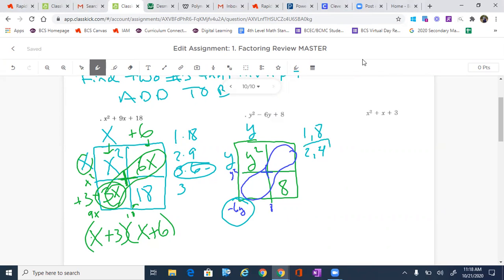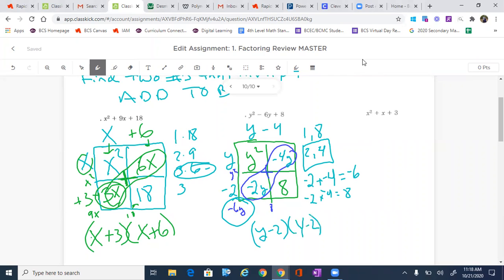Well, I can make 2 and 4 add to -6 as long as they are both negative. So -2 plus -4 is -6, and -2 times -4 is 8. So that means I might put -2y and -4y. And once again, I would say, okay, y minus 4 and y minus 2. So maybe those are my factors.